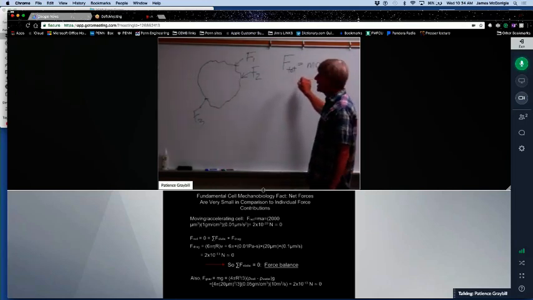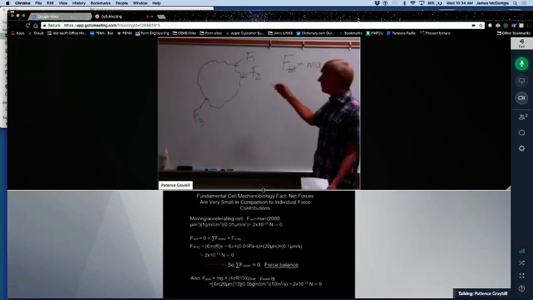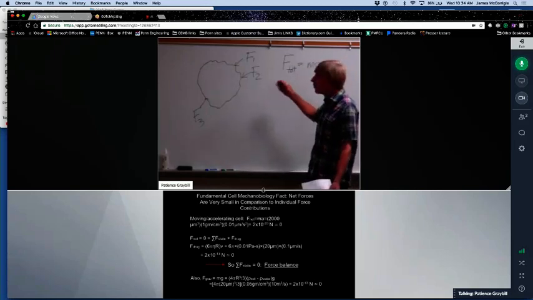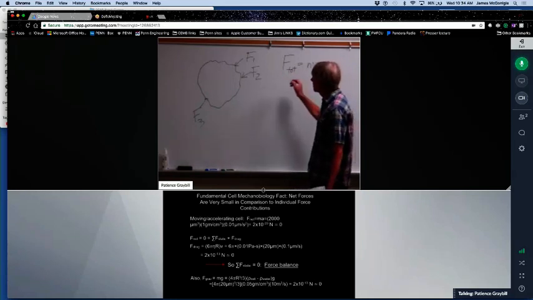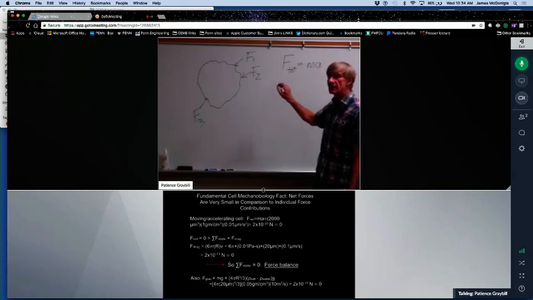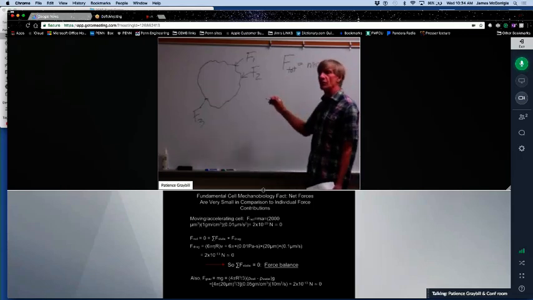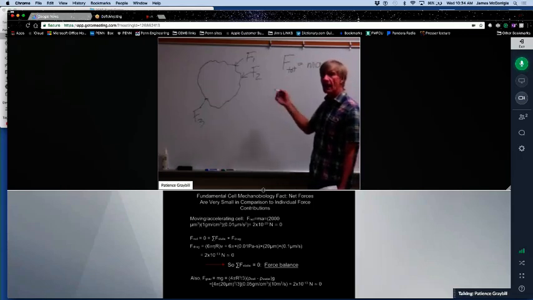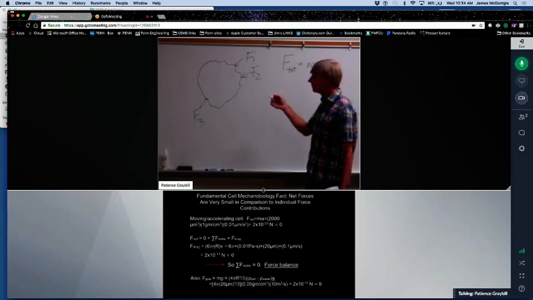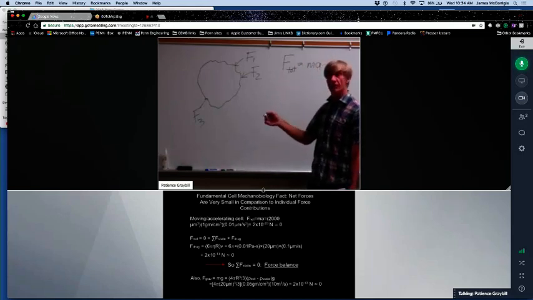So this is how we look at, for example, weights falling in the force of gravity. But it turns out that this is not always that useful in biology. And the reason is that often the forces add up to being very close to zero.